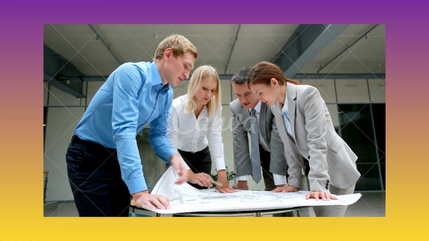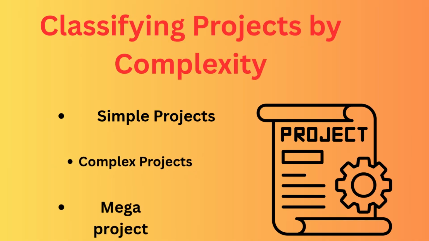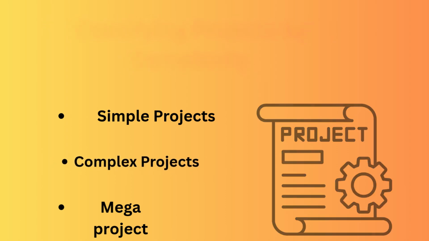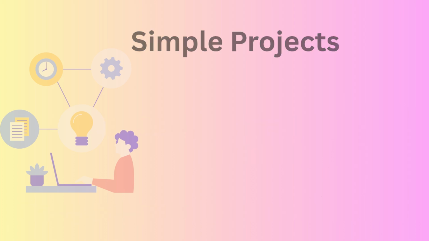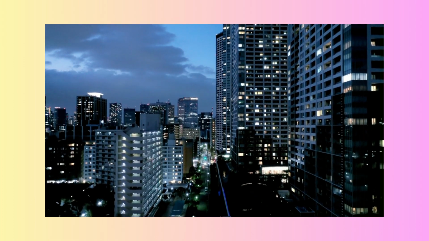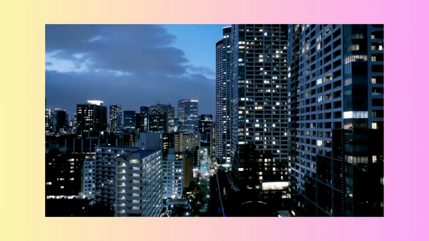The first way we can classify projects is by their complexity. On one end, we have simple projects. These are straightforward, with a clear scope and limited number of stakeholders. For example, planning a small team building event is a simple project.